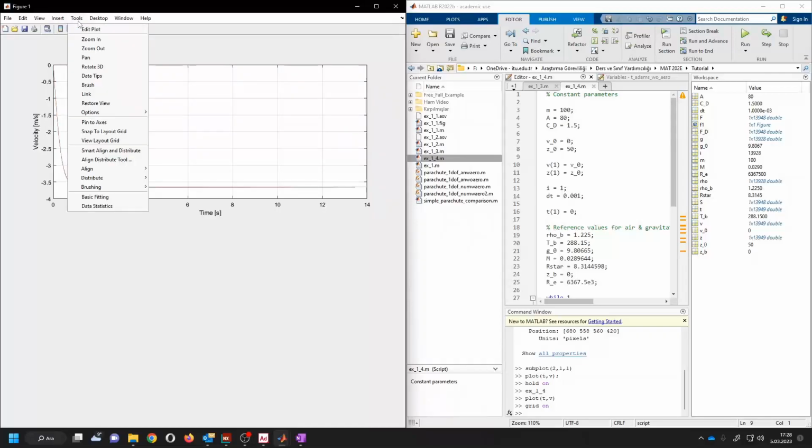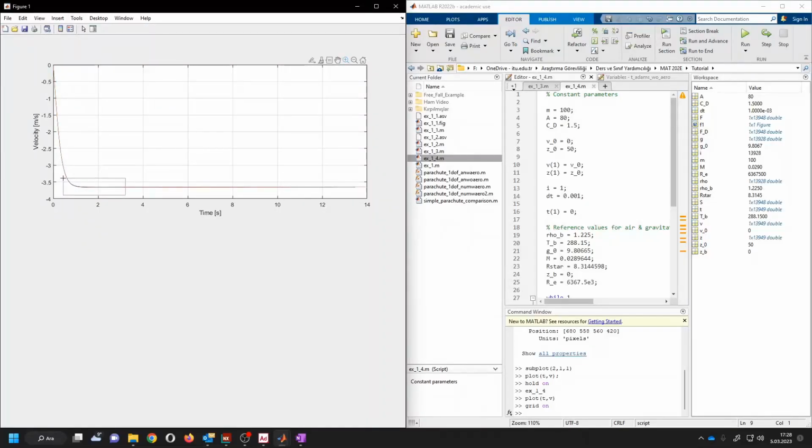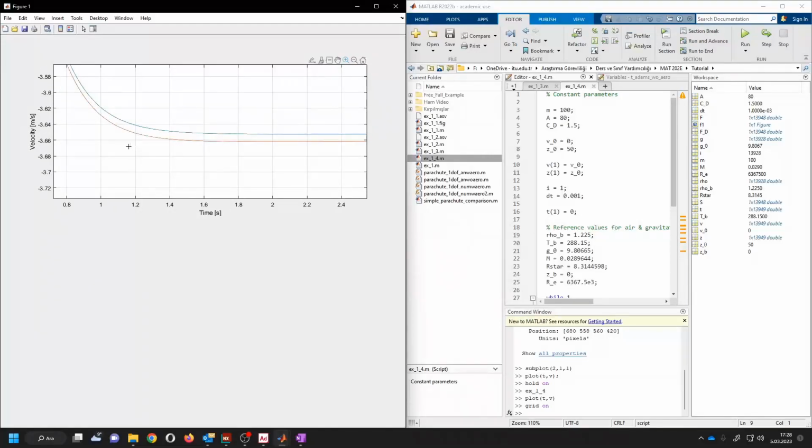We can further zoom in to see some difference, but here, the difference is on the order of 1 meter per second. It is around this value. So let me increase the altitude and see what happens.